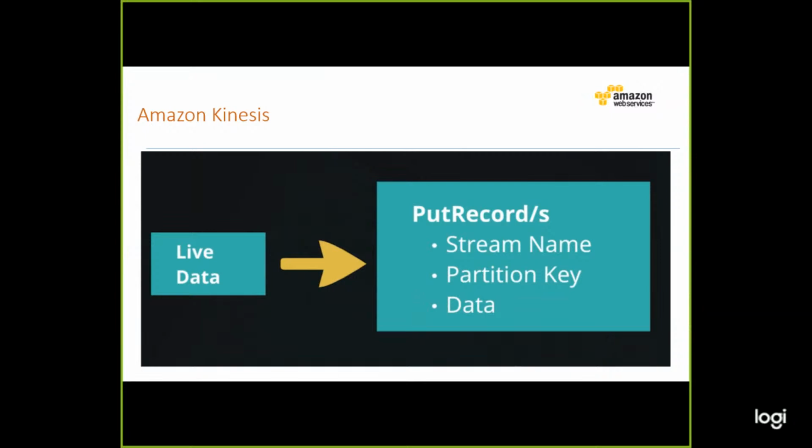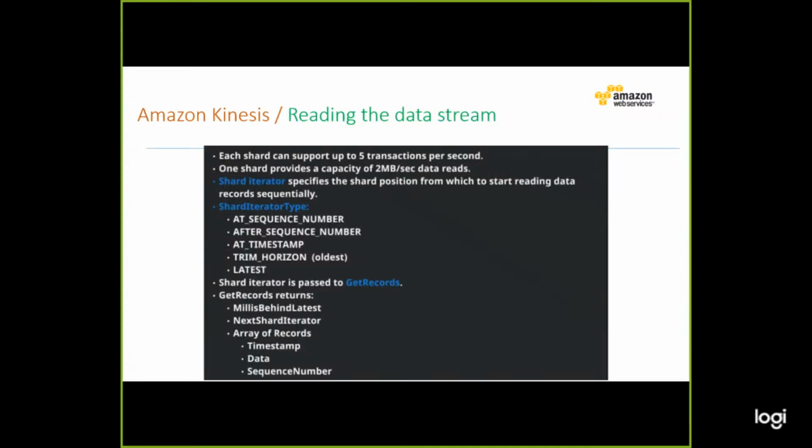The producer will collect the live data and run the PutRecord command, and it will need the name of the specific service to supply the data which is going into the stream. This is an example of how you can read the data stream. Each one can be identified with the name and again with the partition key and the data.